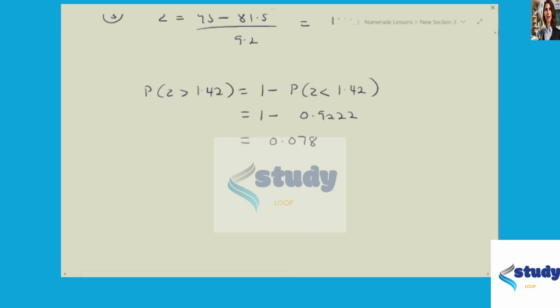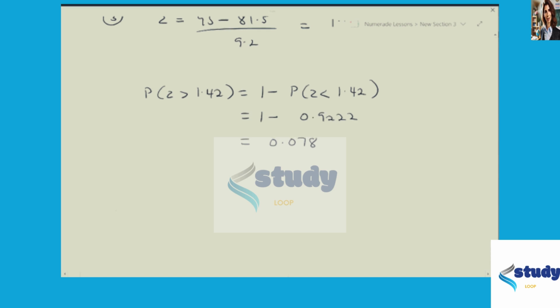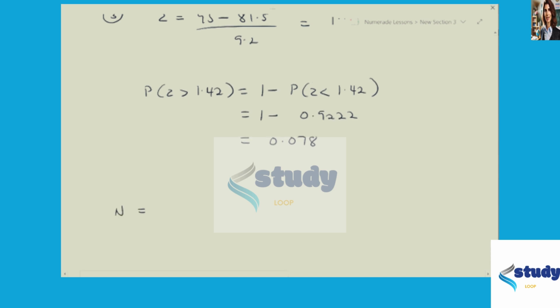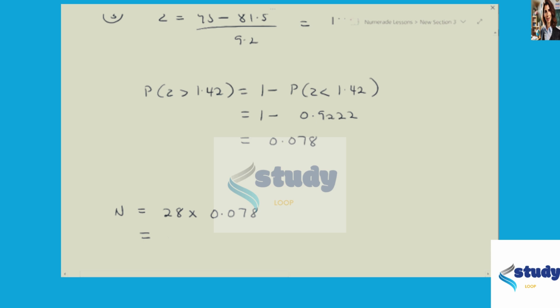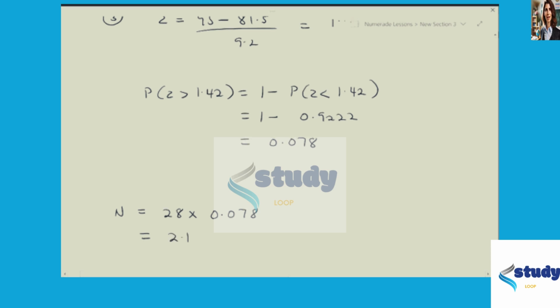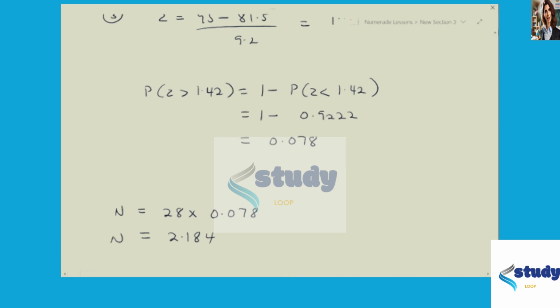So the whole thing gives 0.078. All right, so if this is the probability, and we are looking for the number that had more than that, and we have 28 people, then that is 28 times 0.078, and that is 2.184.